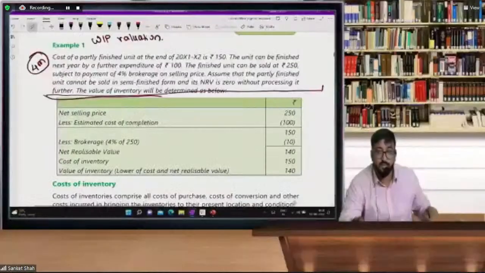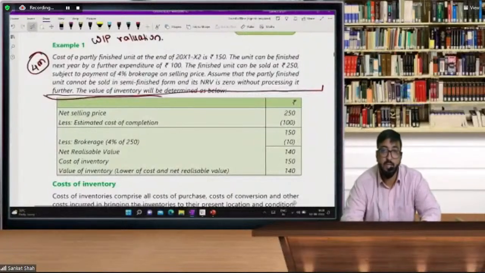Chalo, focus. Cost of partly finished goods at the end of 2001, 2 is 150.